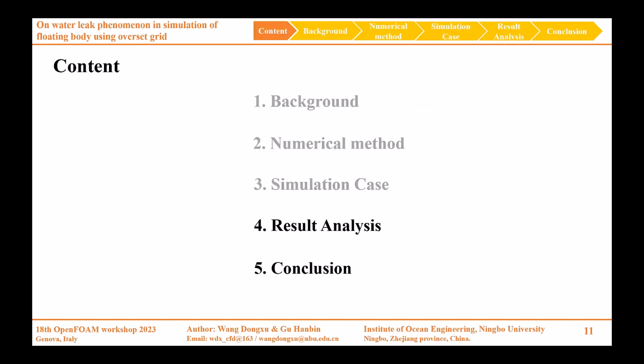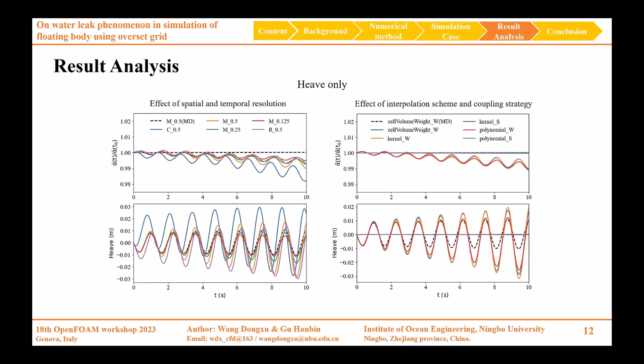The first part is result analysis. The left figure shows the effect of spatial and the temporal resolution, and the top sub-figure is the variation of the total water volume. The bottom sub-figure is a heave motion signal. Here, C, M, and R represent the coarse, medium, and refined mesh, and the number behind is the maximum Courant number we used.